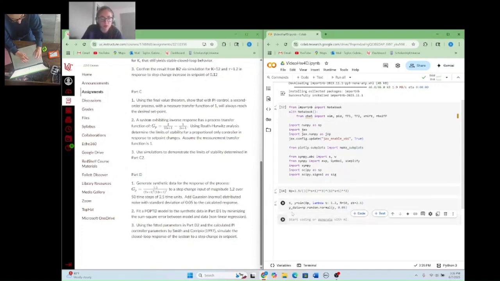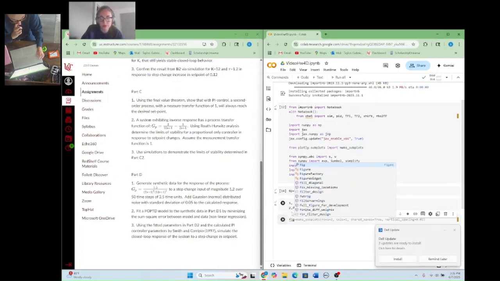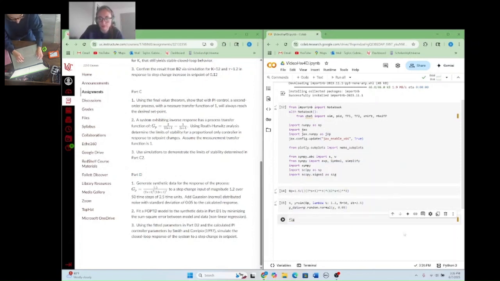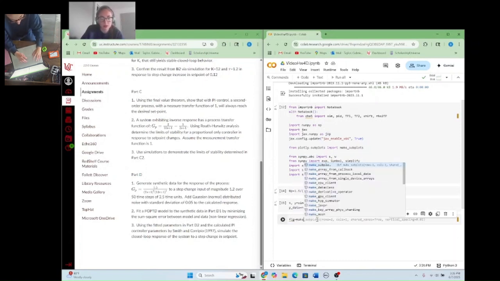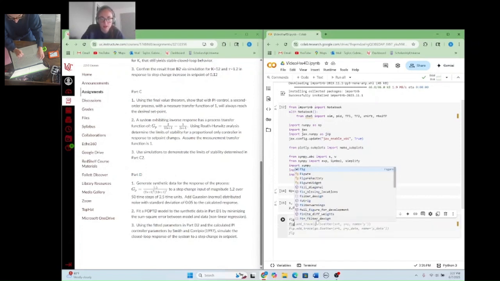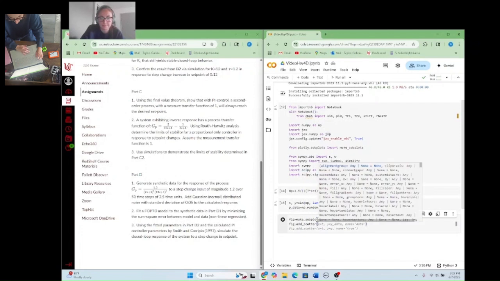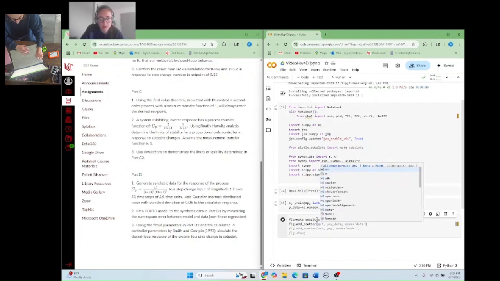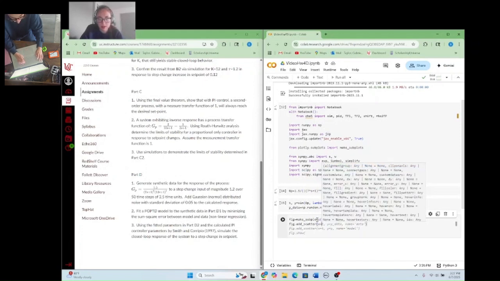So next, we're going to do our figure. So fig.make underscore subplot, and then we're going to do fig dot add scatter. And so x is equal to t, sorry, and y is going to be equal to y data.